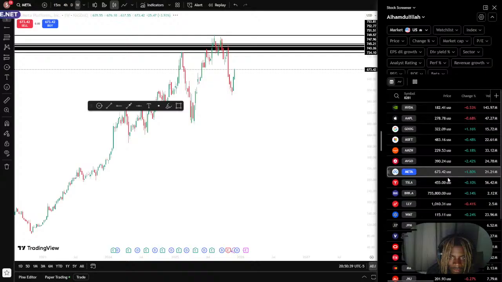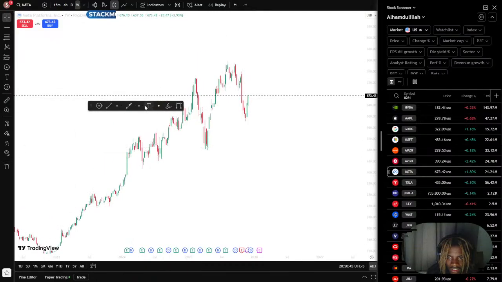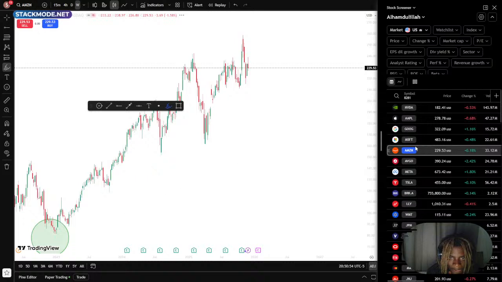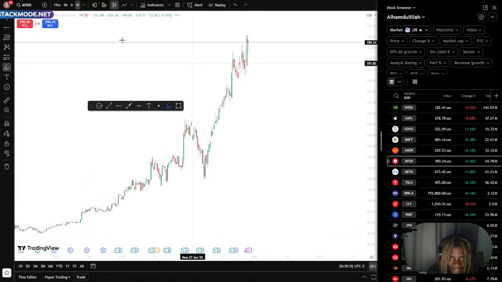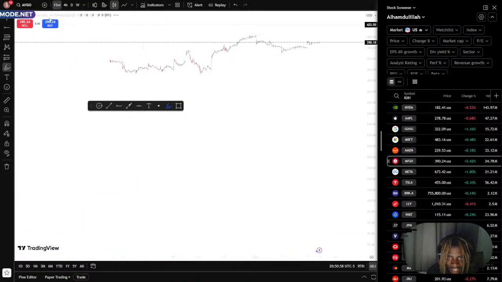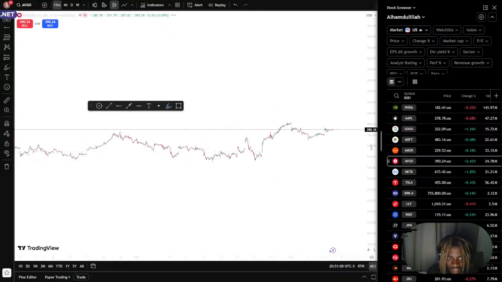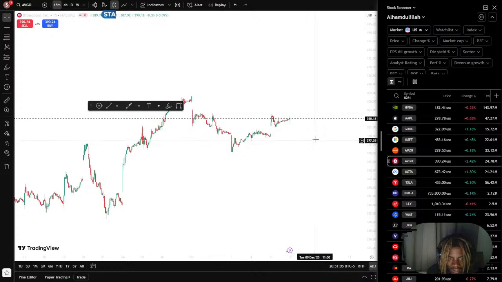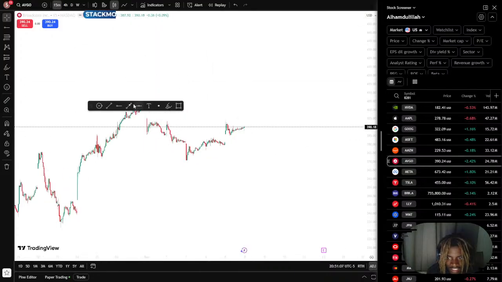Let me try to find a little better. See, these are a lot better examples, like Meta right here. Looking for that sweep: top left of the V, bottom of the V, up. And then even AVGO. The 15-minute could be telling just straight lies. On the 15-minute, I could see this.